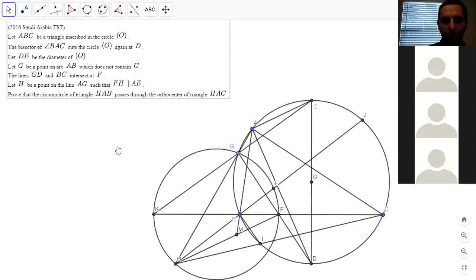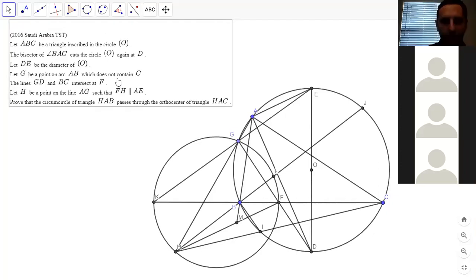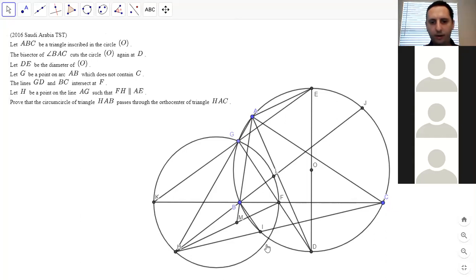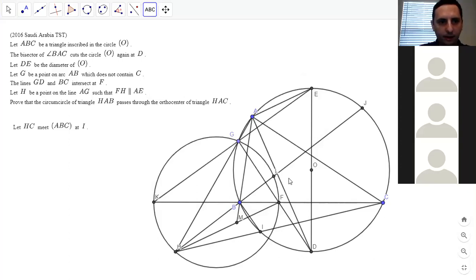Okay, so let's draw the points I added. We want to let HC meet the circumcircle of ABC at I. So we're going to draw I and K. Did we use I in the solution?